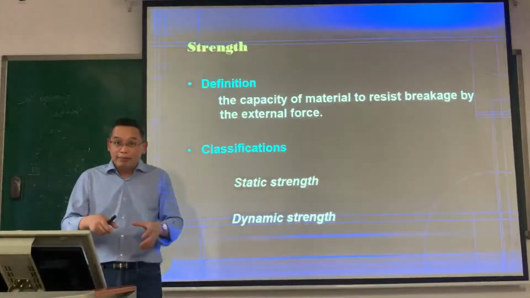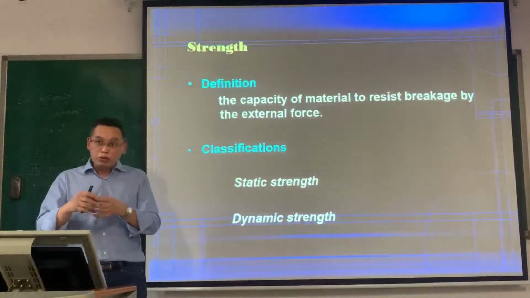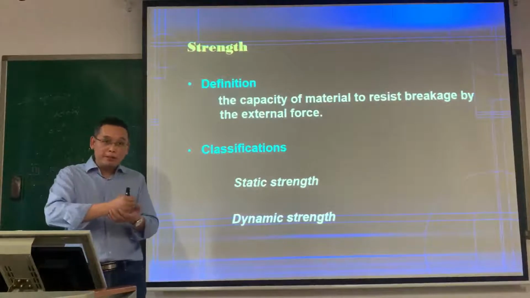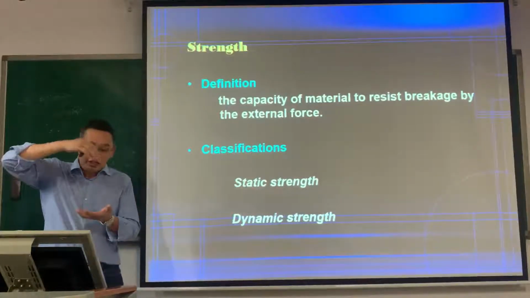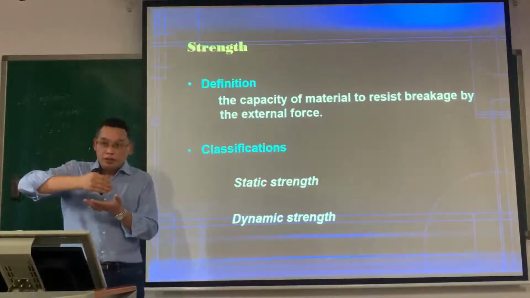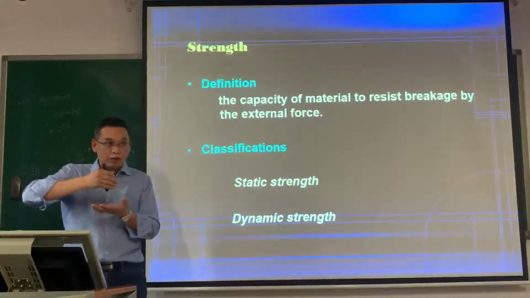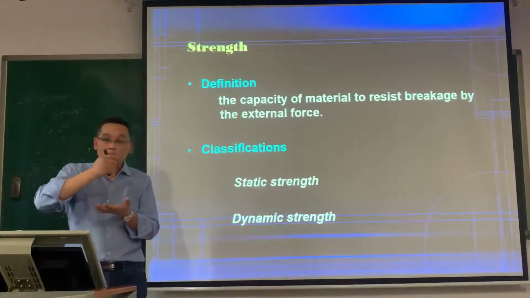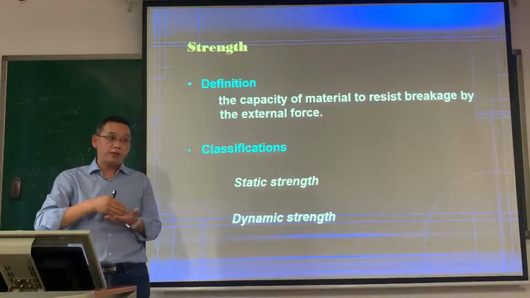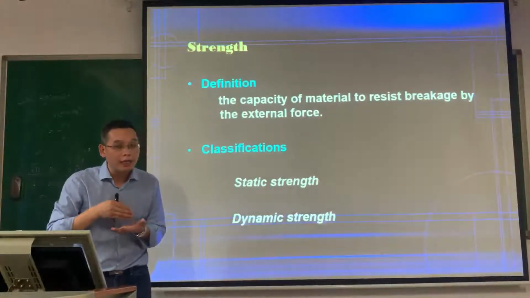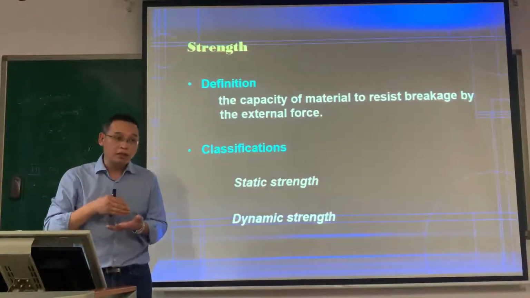The strength of concrete belongs to static strength. Because in the lab, when we want to do the strength experiment, we need a machine to apply the load on the material, for example on a concrete specimen.